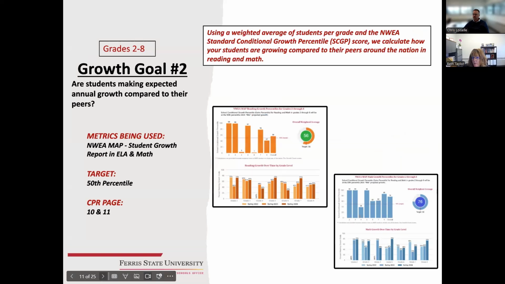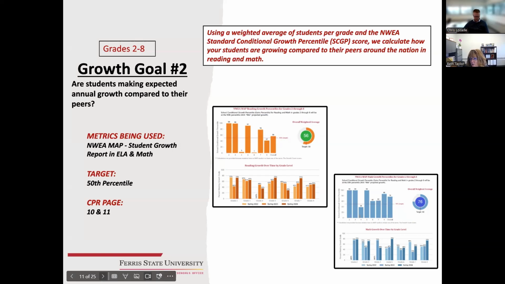For growth goal number 2, this falls on page 10 and 11 of your CPR. You will see page 10 is the first box in orange, and page 11 is the math score in blue. Now, what we are doing is using a weighted average of students per grade and the NWEA standard conditional growth percentile.